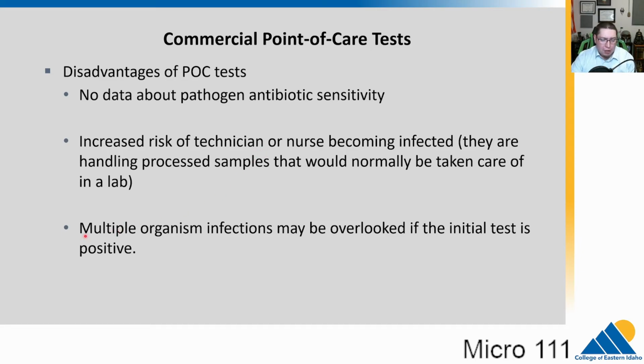Also, we can often overlook infections that are the result of multiple organisms because if we get a positive line for E. coli, we might stop looking for other bacteria. Pros and cons to these. They are great in some aspects. They have some downsides, but we can easily counter those if we know what the disadvantages are.